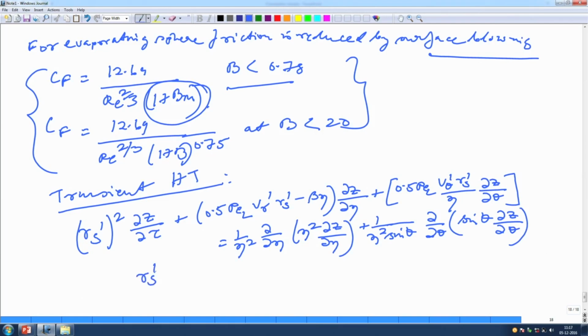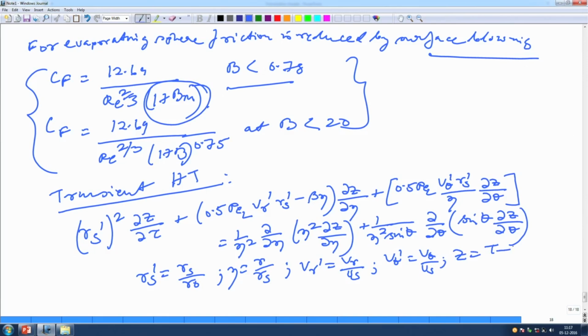So, your Rs prime is basically equal to Rs by R naught, R naught being the initial diameter, eta is the normalized R axis, Vr prime is basically Vr by Us, V theta prime is basically V theta by Us, Z is basically T minus T naught by T naught, tau is basically alpha Lt by R naught square, and beta is basically equal to, not the wedge angle.